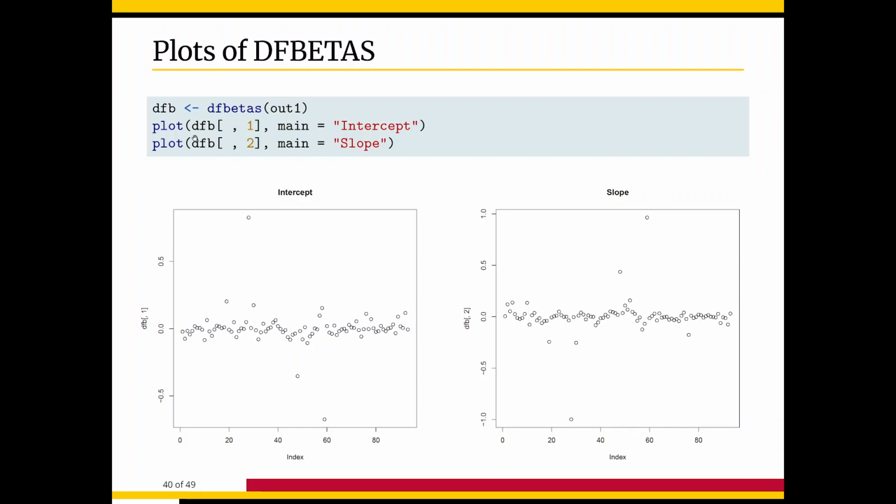Here we plot the DFBETAS for the intercept and the slope. This extra part here is just to give it a title, so it isn't actually necessary, but it lets us tell which plot is which. Again, we look for those cases that stick out. This observation looks pretty influential for the intercept. This one as well. Down here, this observation looks pretty influential for the slope. This one as well. I'm not sure if those are exactly the same observations. They might be, they might not be.